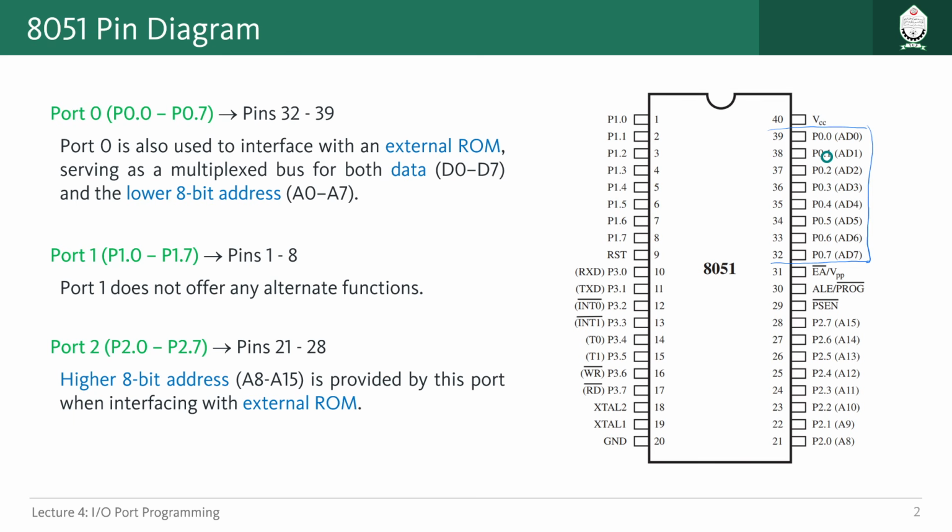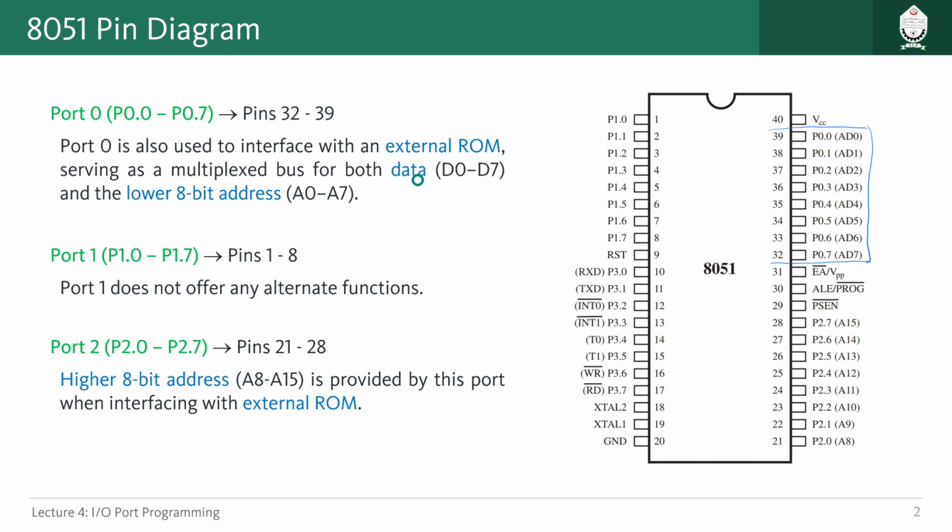We know that. So for those cases you will see port 0 basically helps with that. So port 0, the pins can act as both data bus as well as address bus. So for address, just the lower 8 bit of the address can be utilized using this port, and also the data that will be coming from the ROM to the 8051, that can also be governed by this port 0.